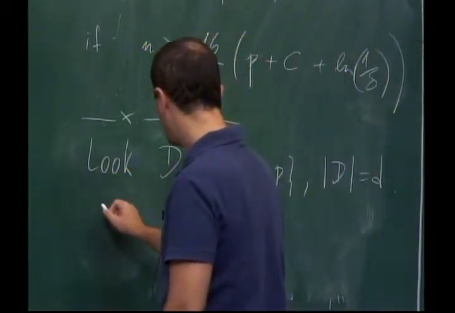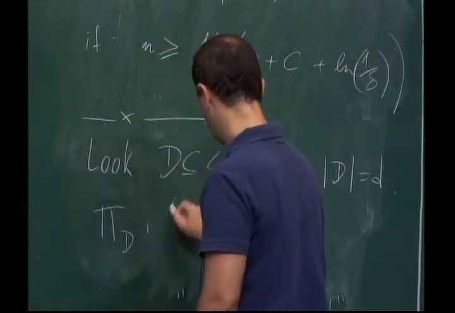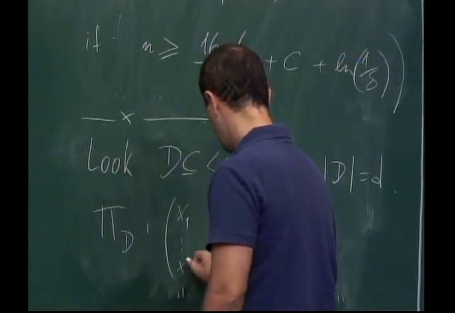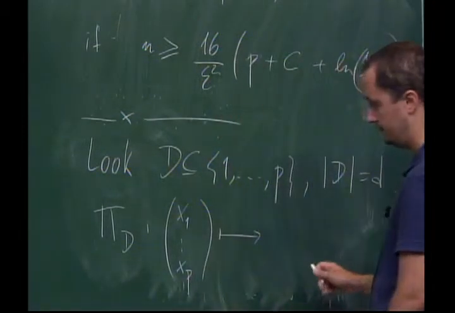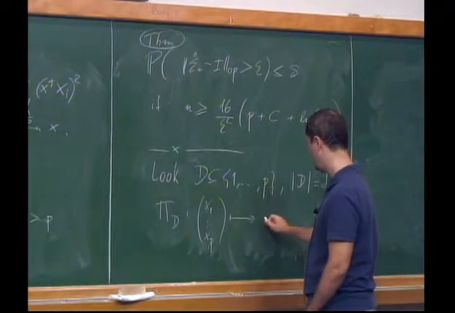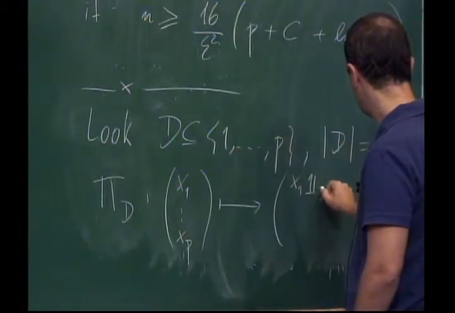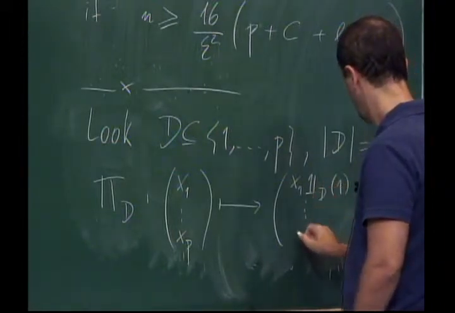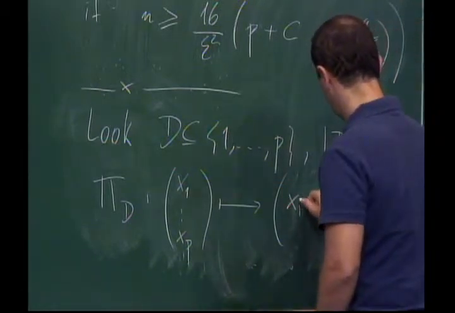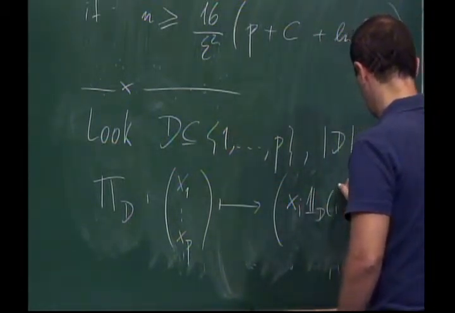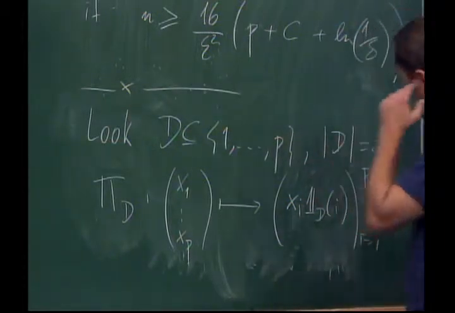You can define a projection operator which takes a vector x1 up to xp and projects it to the vector where you just keep the coordinates that happen to be in D. So let me write it like this.